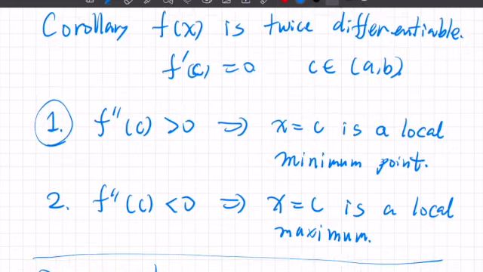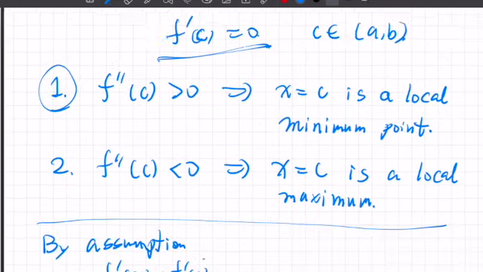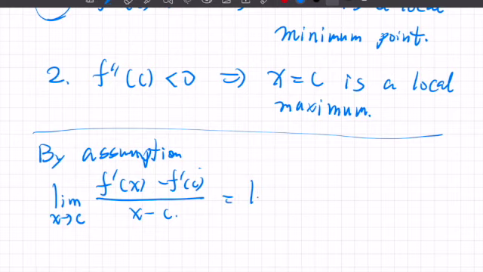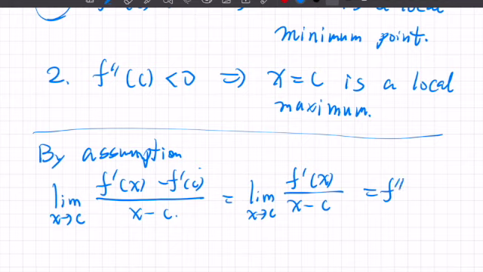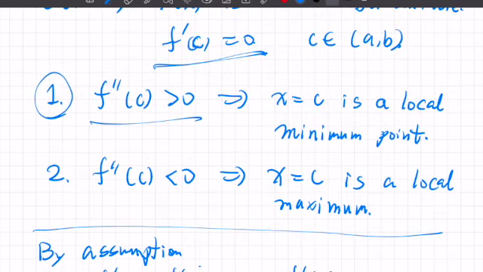But f prime of c is 0 by assumption, so this is just f prime of x over x minus c, as x approaches c. And this is equal to the second derivative at c. And this is assumed to be positive, by this assumption.